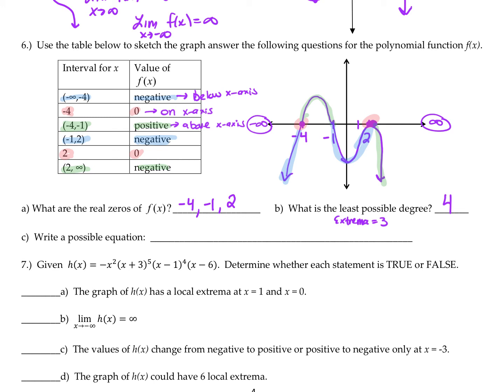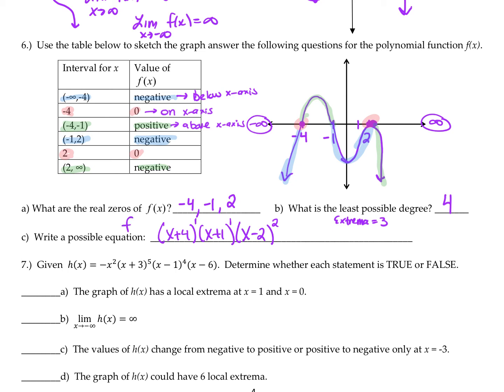So I know that because it goes through negative 4 and negative 1, I'm going to have x plus 4, x plus 1, because those will give me x-intercepts of negative 4 and negative 1. I'm also going to have an x minus 2, but since this one doesn't go through 2, I know it has to have an even power, so I'm going to make that squared. All right, so 1 power, 1 power, 2 power leads me to 4 powers.